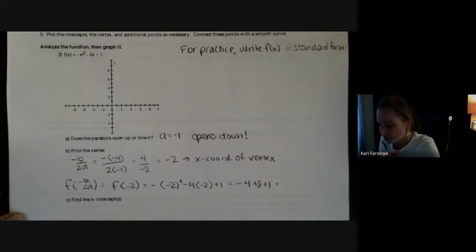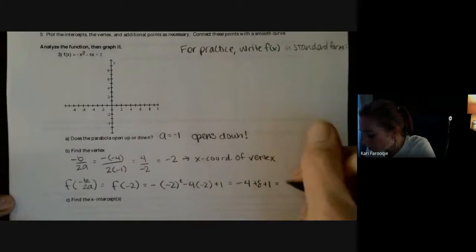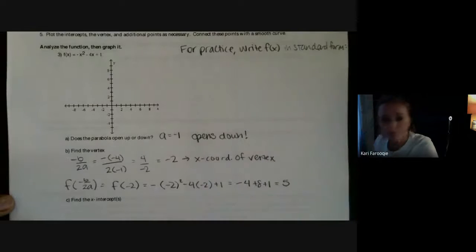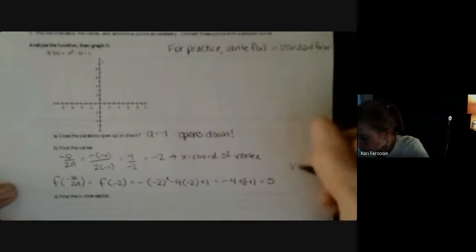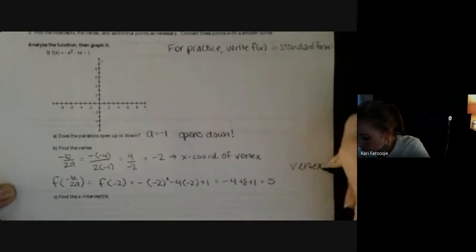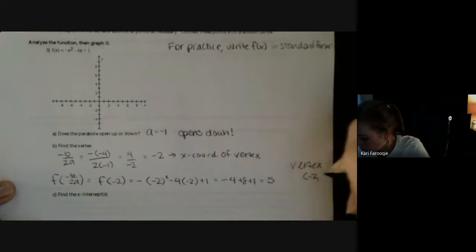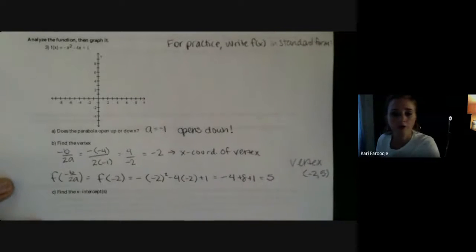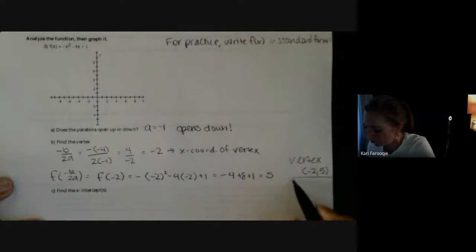Sorry, losing it here. -4 plus 8 plus 1 is +4 plus 1, which is 5. That is the y-coordinate of your vertex. So now you can go ahead and conclude that the vertex is at -2, 5. Put a box around that.